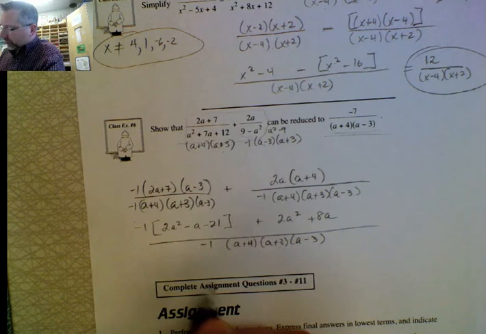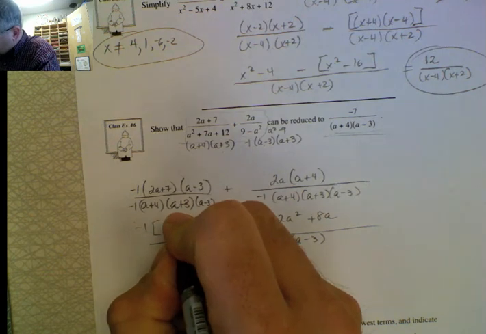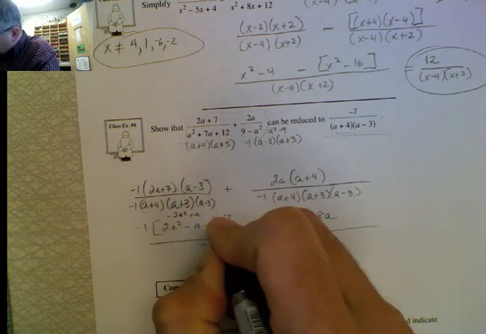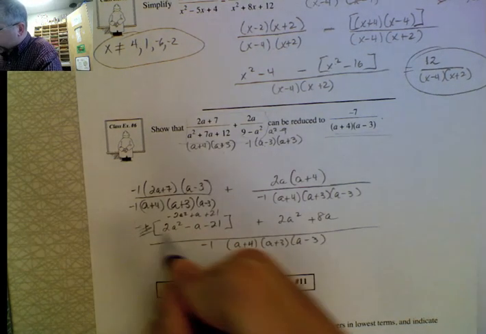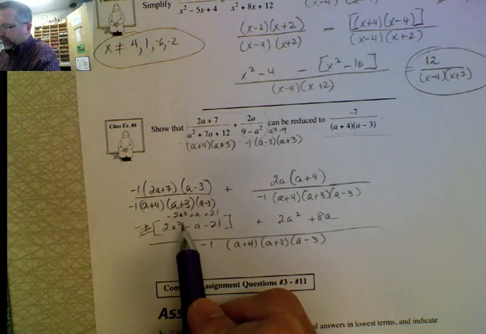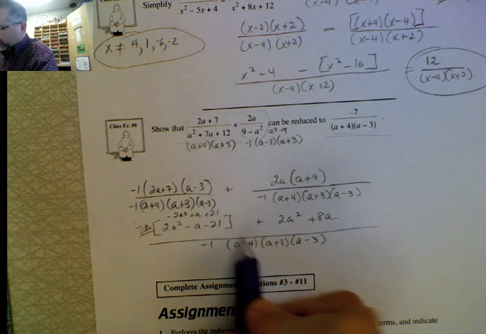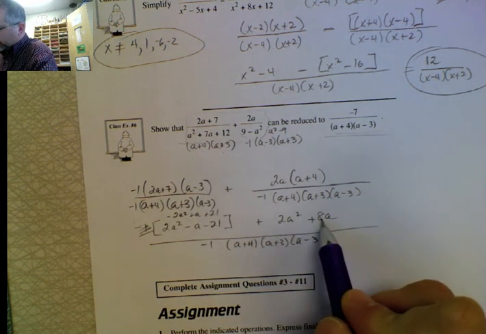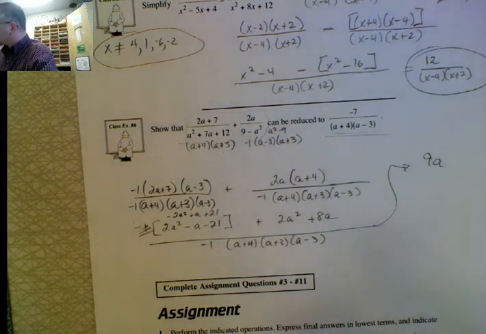Okay, so now if I apply the negative to all of these terms, that's actually going to change the sign. It's going to make this negative 2a squared, that positive a, and that positive 21. So that's essentially the negative 1 applying to it. Now negative 2a squared plus 2a squared cancels out. Positive a plus 8a gives me 9a.